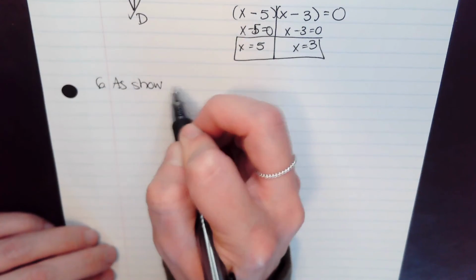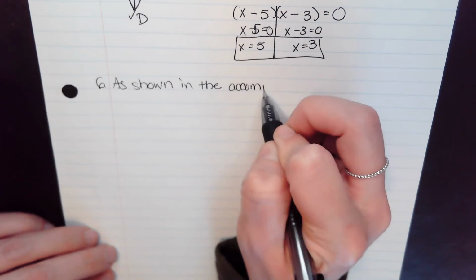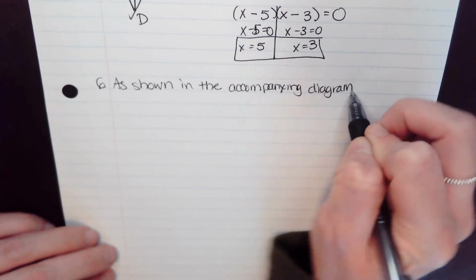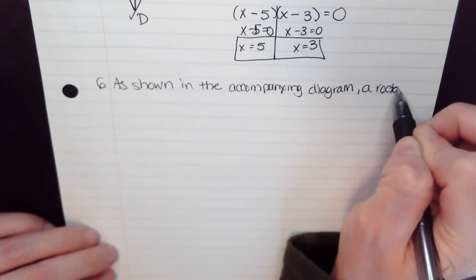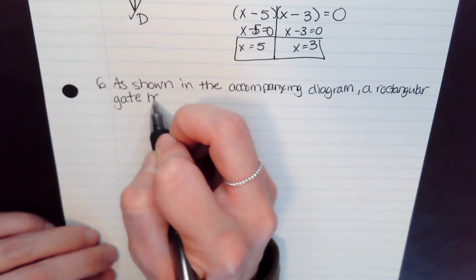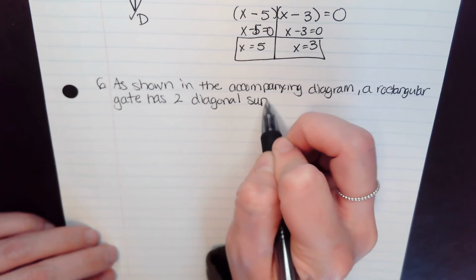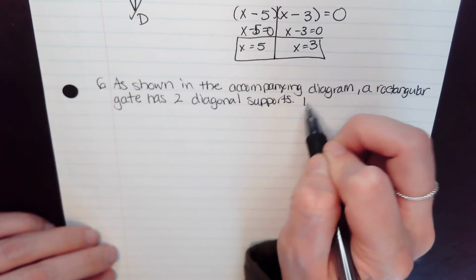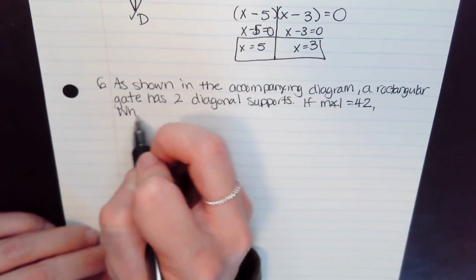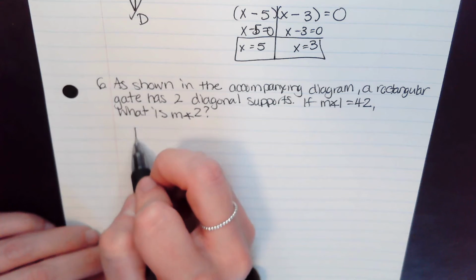Number 6. As shown in the accompanying diagram, a rectangular gate has two diagonal supports. If the measure of angle 1 equals 42 degrees, what is the measure of angle 2?